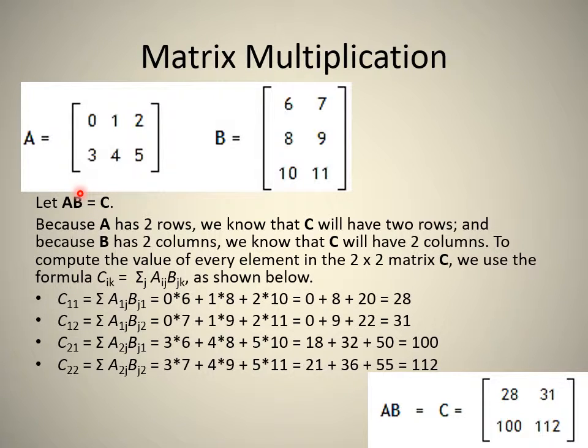And then obviously the last calculation needed would be the second row of your first matrix and the second column of your second matrix: 3 times 7 plus 4 times 9 plus 5 times 11. And in this case, it will give you 112. So that's the way that multiplication of two matrices works.